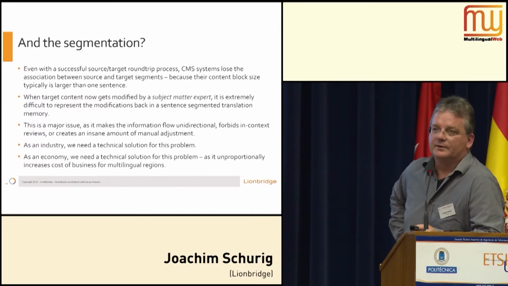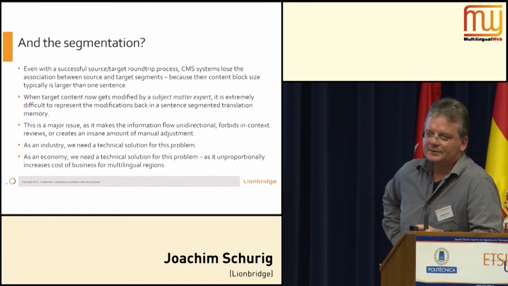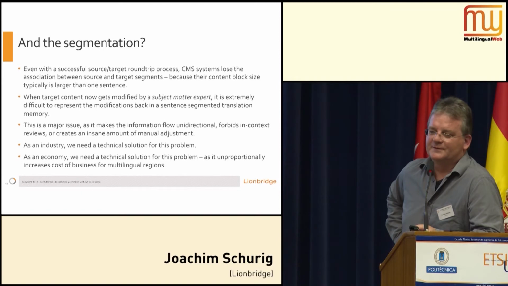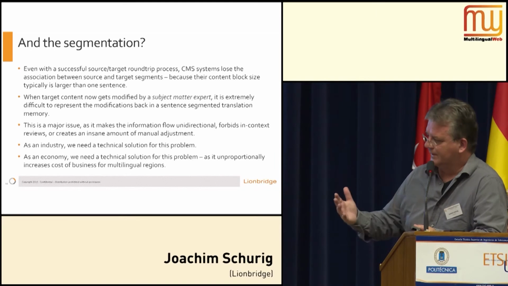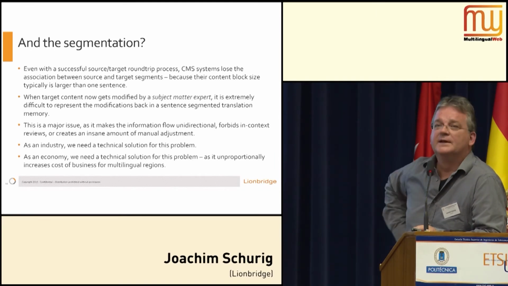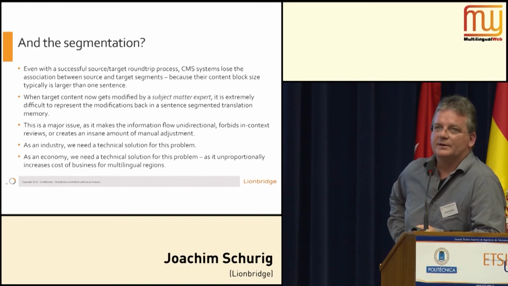We are working on making this semi-automatic, but if in the research community there would be more approaches maybe coming up how to solve this problem, maybe by better XML markup, which is difficult because of the nature of how content is entered into CMS systems, then this would be a major help for multilinguality in CMS systems.